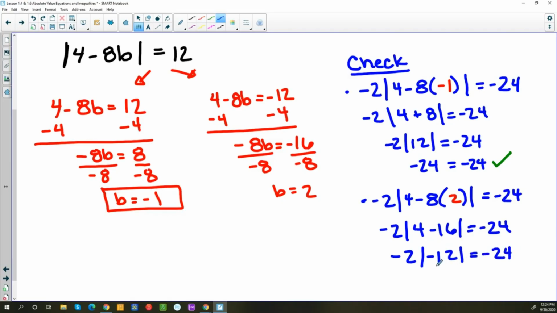We know that the absolute value of negative 12 is positive 12. Multiply it by negative 2, that gets us negative 24. So we have just proven that both of these numbers that we found are answers.